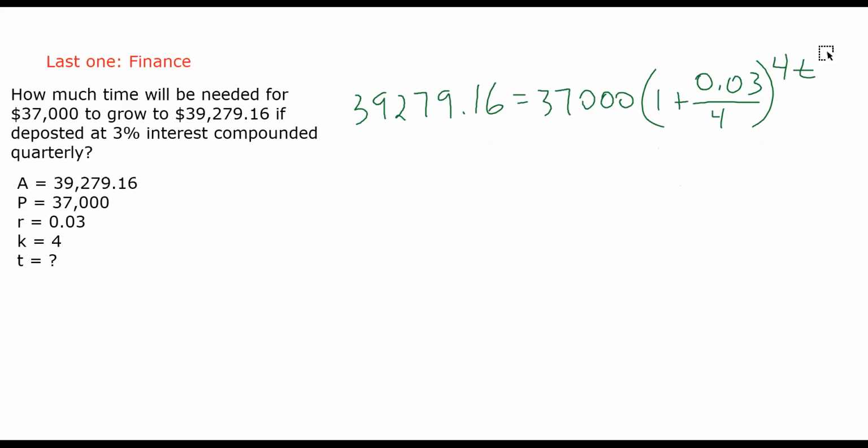Now, a few other notes. You can use your calculator. You can certainly use your calculator. I'm going to do 0.03 over 4. I'm going to do that because that's not going to be anything too horribly wild. It's going to be 0.0075. So this right here is going to be 0.0075.